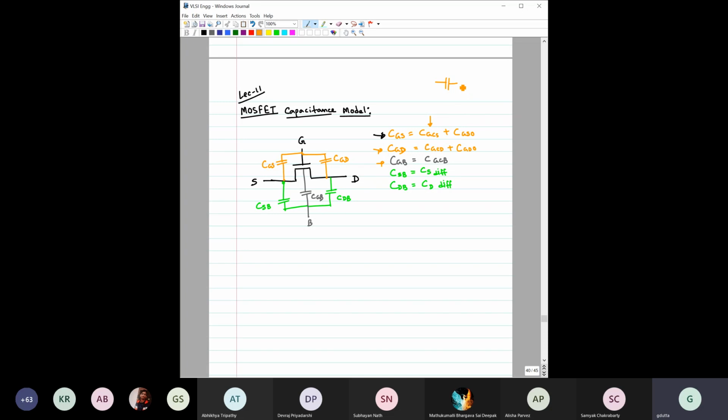Once you understand that, then we will also take up the MOS capacitor structure and see how to measure this capacitance. Normally, when we have a discrete capacitor, we connect a multimeter and measure it. But you cannot really do the measurement for a MOS capacitor using a multimeter.